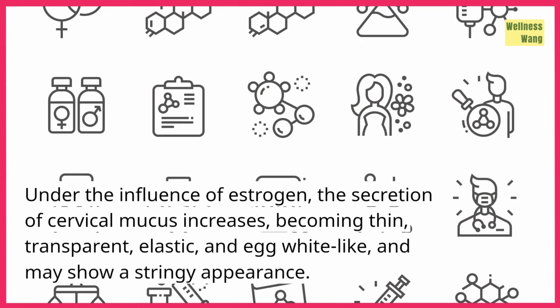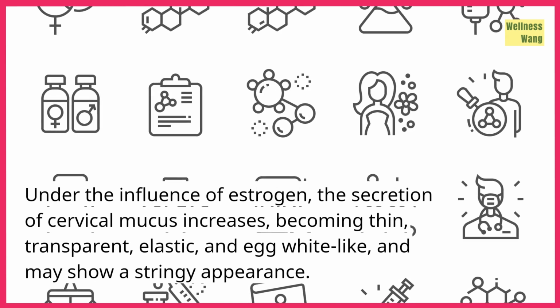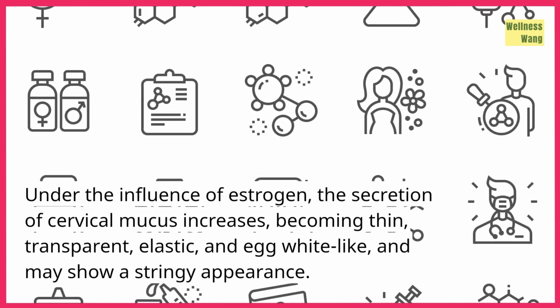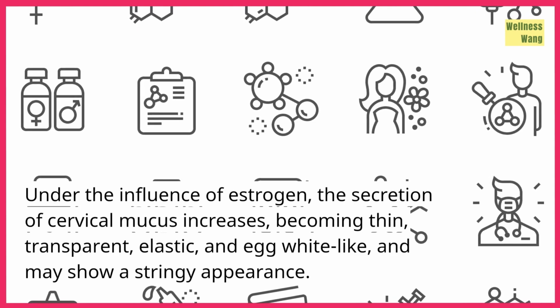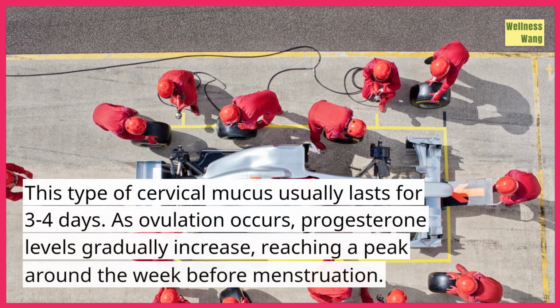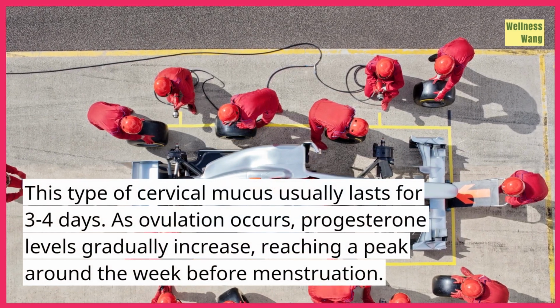Under the influence of estrogen, the secretion of cervical mucus increases, becoming thin, transparent, elastic, and egg white-like, and may show a stringy appearance. This type of cervical mucus usually lasts for 3 to 4 days.